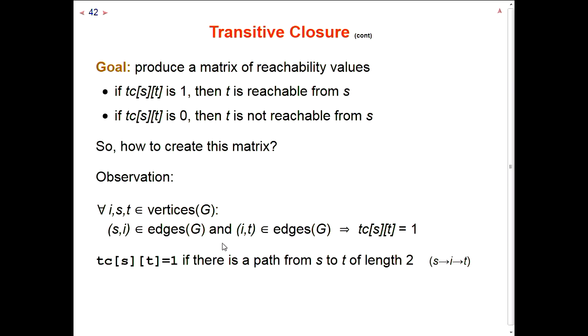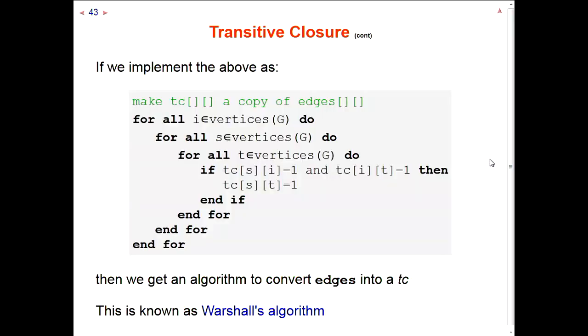Now, this is obviously true for all vertices I and for all vertices S and all vertices T. And that leads to an algorithm that applies this concept of going not directly from S to T, but going from S via I to another vertex T. If you calculate that systematically, you will see that instead of going directly from S to T, you just have to find a third vertex I, so that you go from S to I and then from I to T, and that suffices to calculate all entries in the transitive closure matrix.